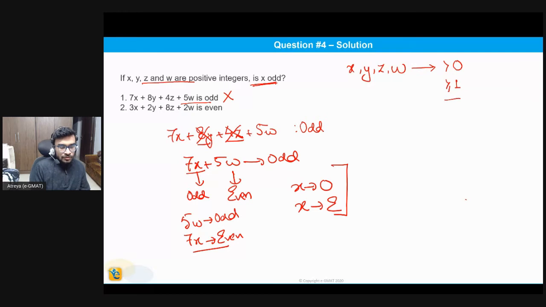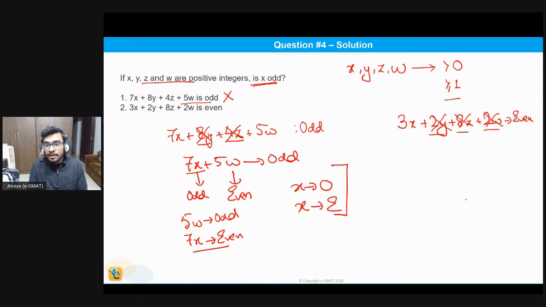Now let's move to the second statement's analysis. In the second statement, we have an expression which tells me 3x plus 2y plus 8z plus 2w is even. And as we have already discussed, the moment we see even coefficients, they're not going to affect the expression, so you can simply cancel them off because that would not end up affecting the entire expression that I have.